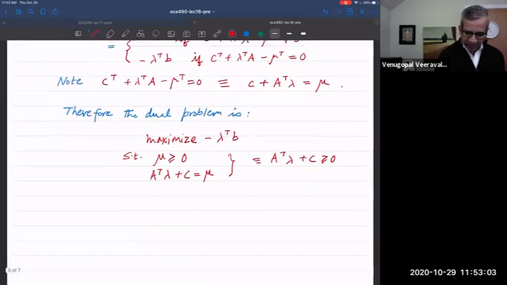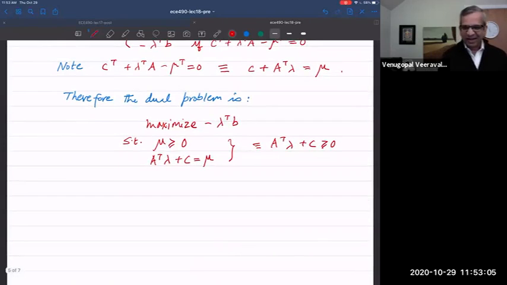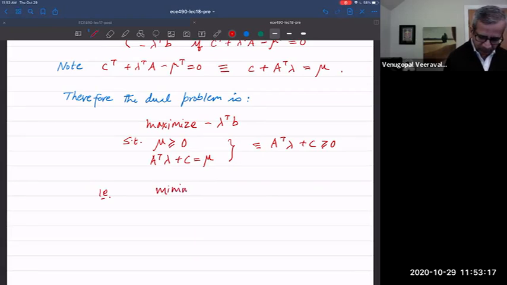So we end up with the dual problem as maximizing negative lambda transpose B, which is the same as minimizing lambda transpose B, subject to the constraint that A transpose lambda is bigger than minus C.